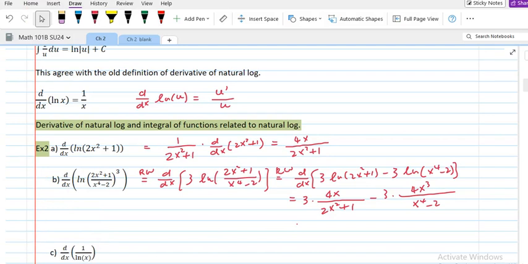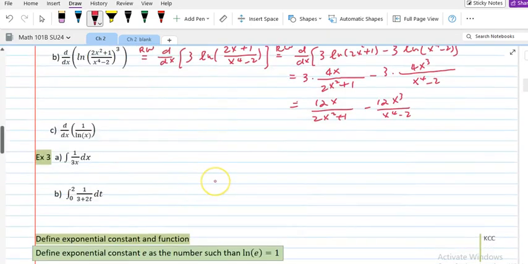At the end of the day, after you simplify, that is equal to 12x over 2x squared plus 1 minus 12x cubed over x to the 4th minus 2, and we're done. So we don't need to do chain rule or quotient rule, so much faster.